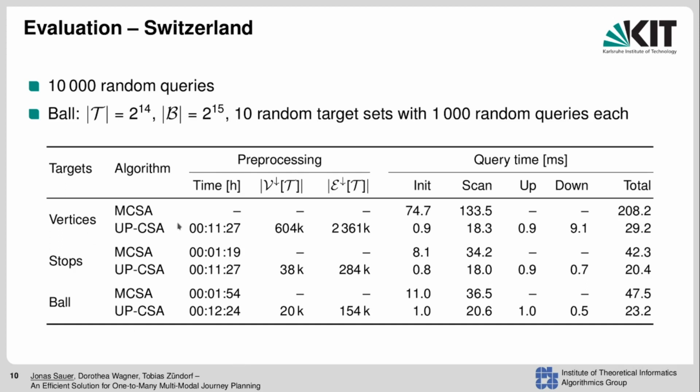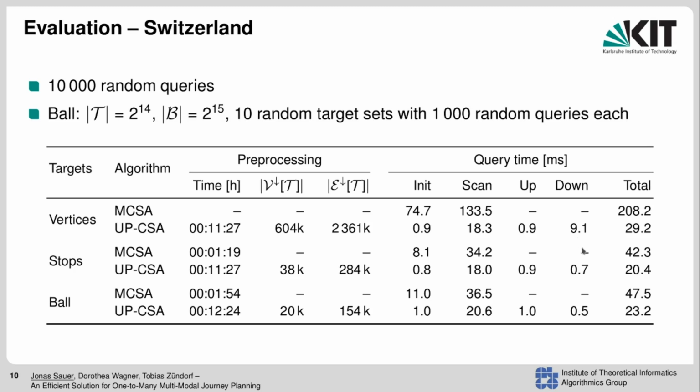For the one-to-all search, we observe that our approach beats the MCSA approach by about a factor of 7. We see large reductions in the running time in both the initialization phase and the scanning phase, and overall the transfer exploration in these 3 phases takes up about a third of the running time.